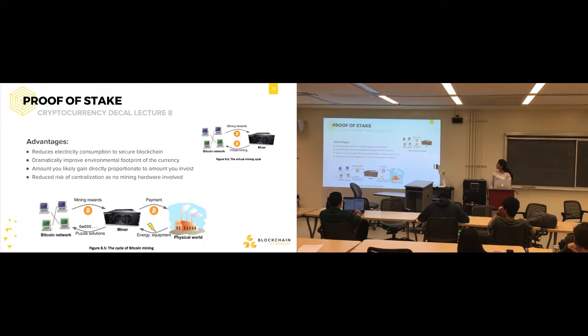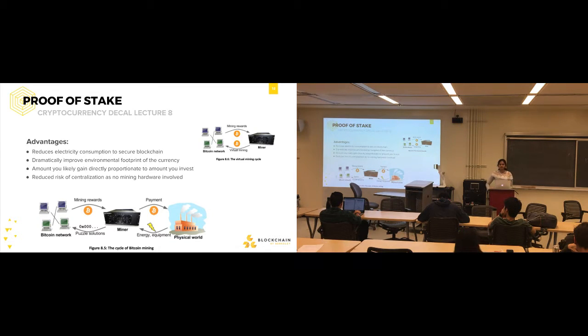Another advantage of proof of stake is that the amount you gain is directly proportional to the amount you invest. Like we talked about Alice investing 100 coins, Bob investing 200. If Bob is twice as likely to be picked as a validator, he's also twice as likely to receive transaction fees when his block is committed to the blockchain.